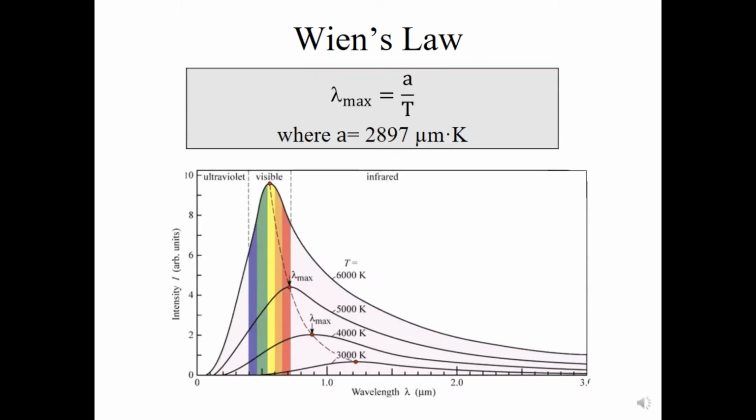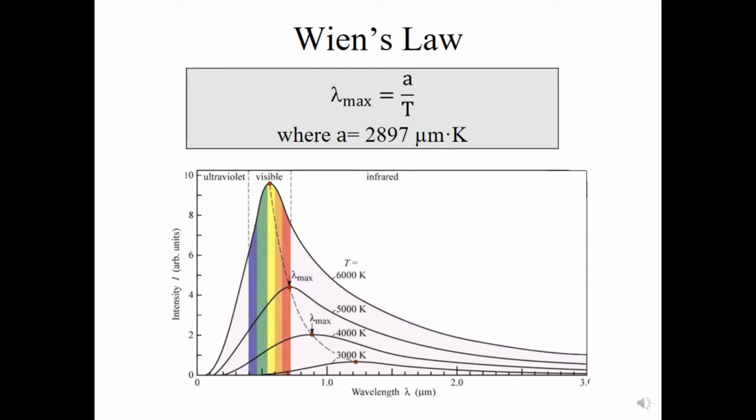The blackbody radiation curve that you see down below is obviously a function of both wavelength and temperature. If we look at the top curve, which is the temperature equal to 6,000 Kelvin, you'll see that the area underneath that curve is larger than the area underneath the curve for the 5,000 K object, which means that the warmer the object, the more radiation is being emitted by that object.